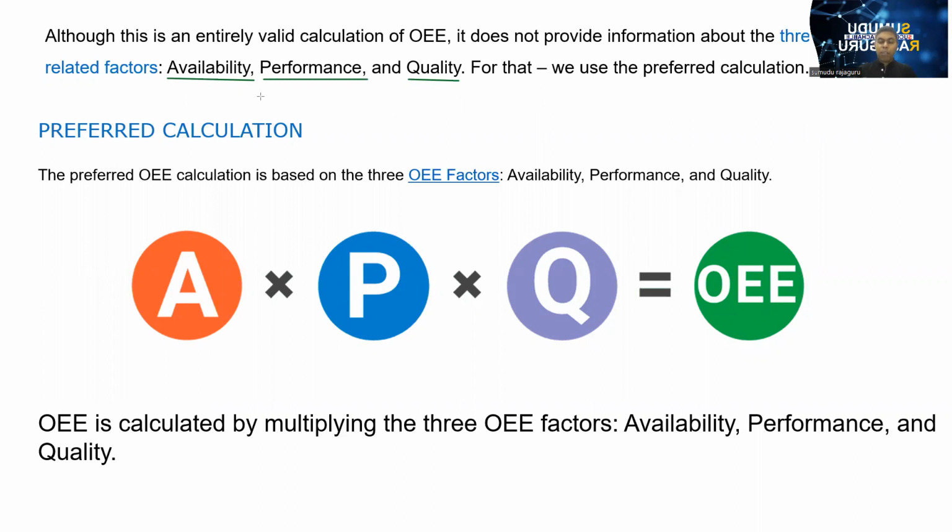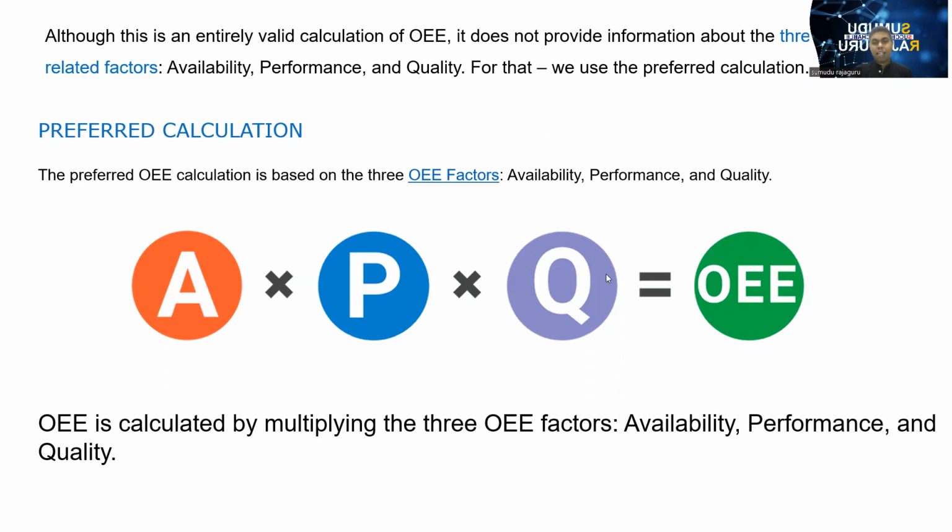So when we calculate the OEE, we want to add all these parameters. Because of that, we have to change the equation a little bit. Then OEE, overall equipment efficiency, we are going to calculate as availability multiplied by performance multiplied by quality.